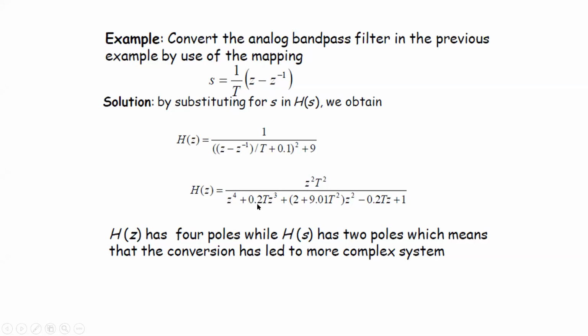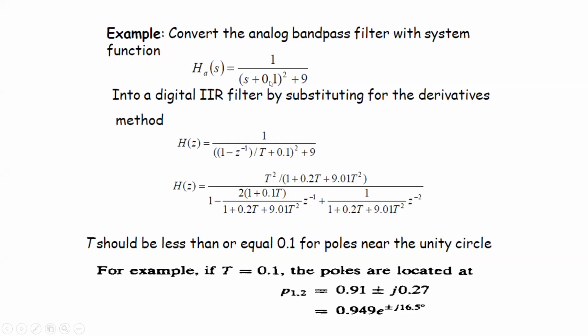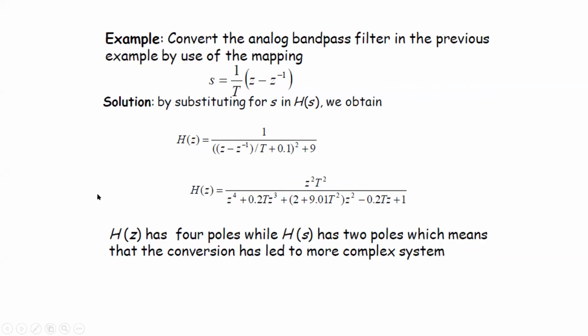When it has 4 poles, that means the complexity of the system has increased. H(z) has 4 poles, while H(s), this is H(s), has 2 poles, which means that the conversion has led to more complexity. All right.